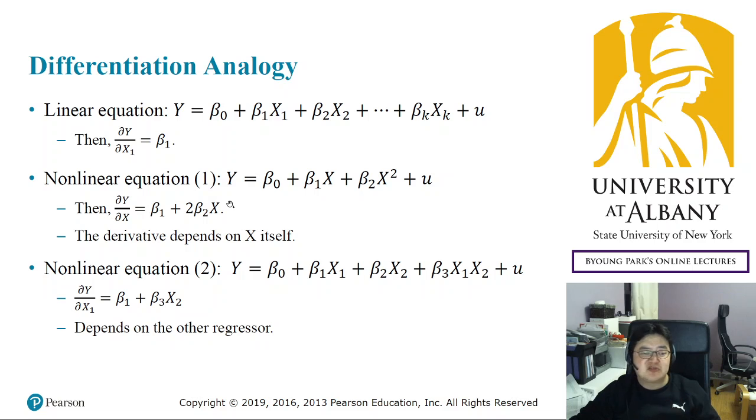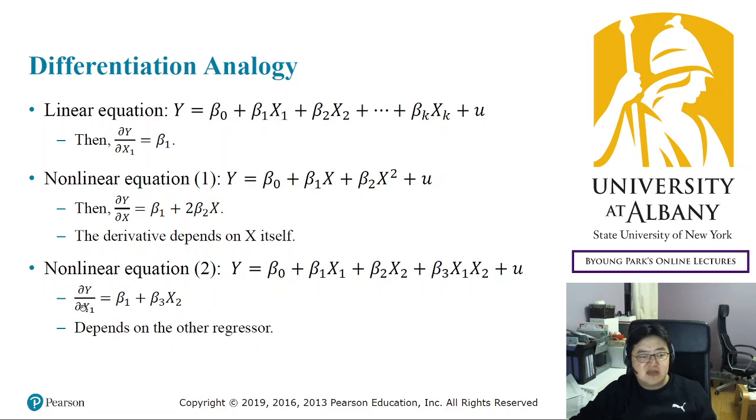This is just an example from one of the simplest nonlinear equations. And another example here. Now think about beta 0, beta 1, beta 2, so far the same, but beta 3 is the coefficient on a multiplication of x1 and x2. So x1 and x2 are multiplied.